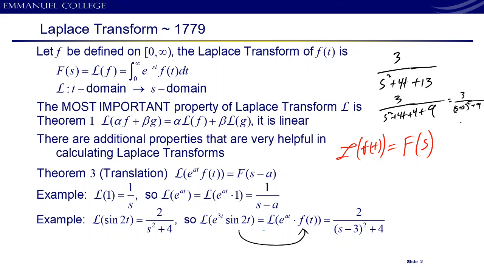So you can use an algebra concept of completing the square to go backwards to find what your actual equation would be. So e to the at times any function of t is just going to be: do the Laplace transform of whatever the function is, and then bring in whatever the coefficient of t was in the exponential.